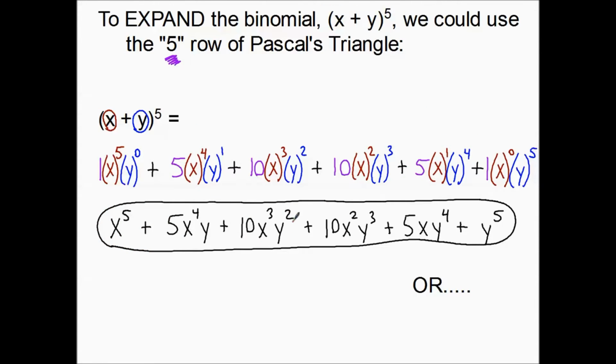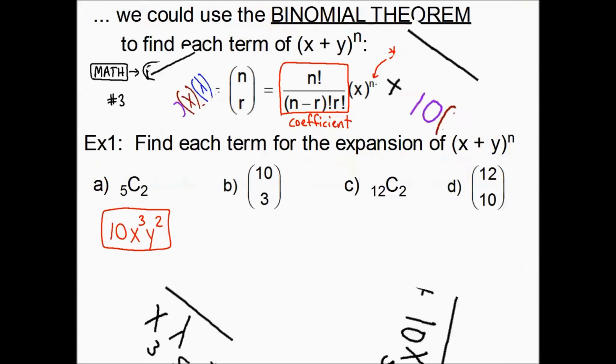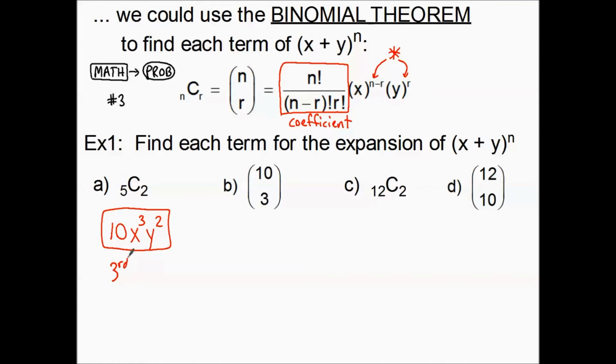It makes sense that it's one of the terms for raising to the 5th power, because that's what n was. But notice that it's the third term. Now the question is, why is this the third term? We'll come back to that question in a minute.